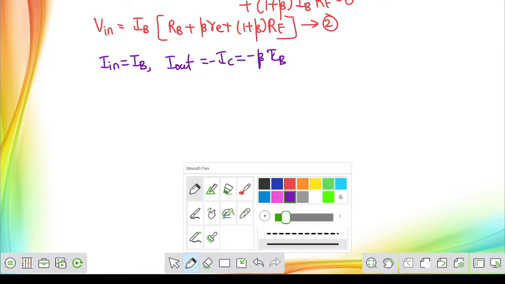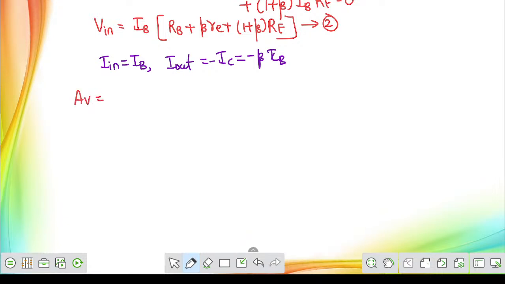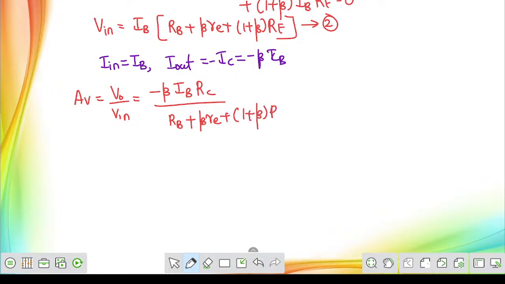Okay, now let's continue from here. What we are going to do is calculate all the things. The first step, voltage gain. I am doing overall voltage gain. The overall voltage gain means overall output voltage divided by overall input voltage. What is the overall output voltage? Minus beta times of base current IB into collector resistance RC, divided by input. What we saw, sir, on the input side: base resistance, then beta times of RE, then 1 plus beta times of base current into RE.